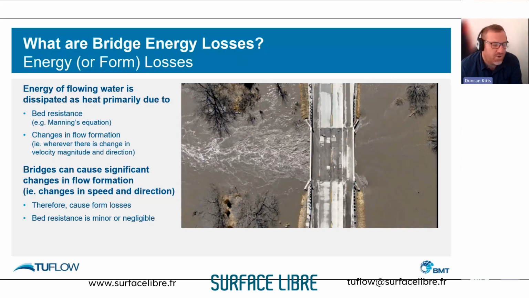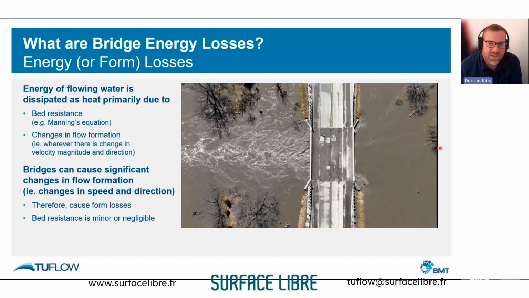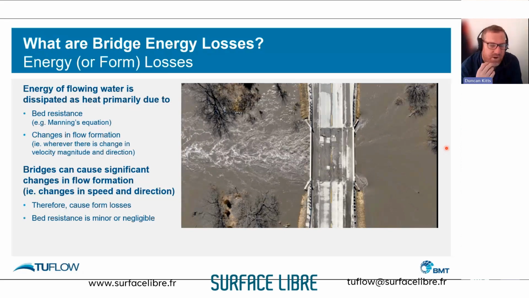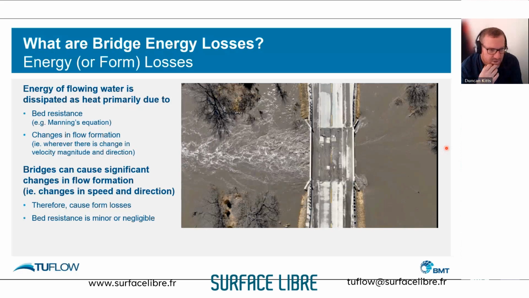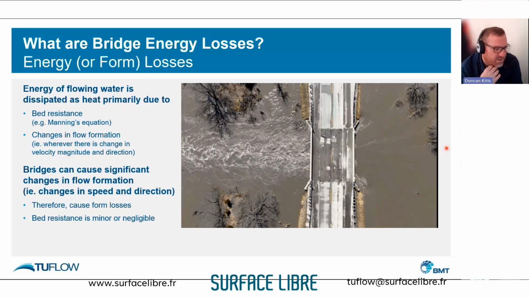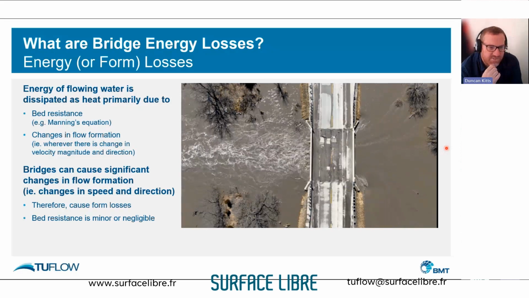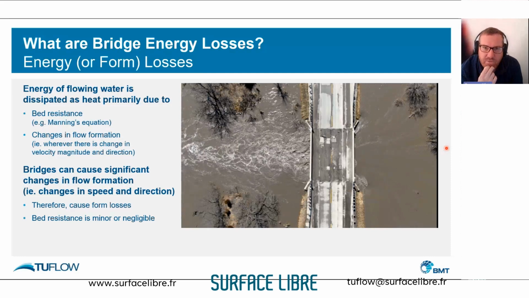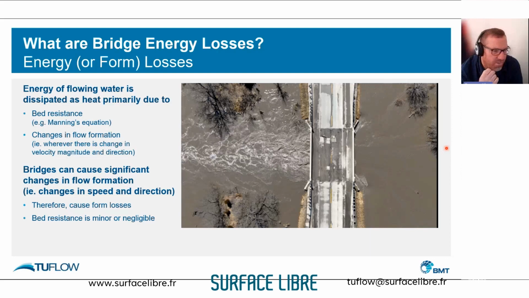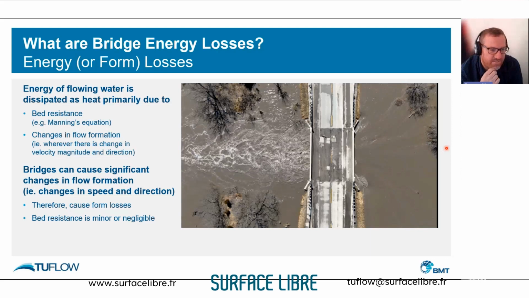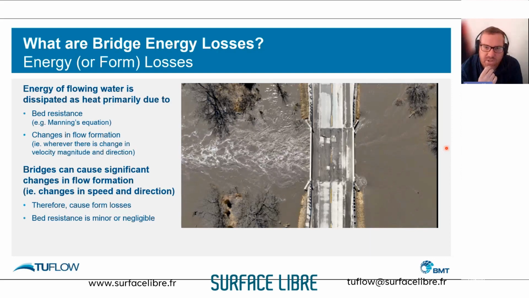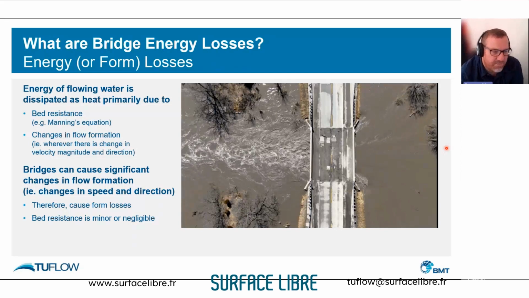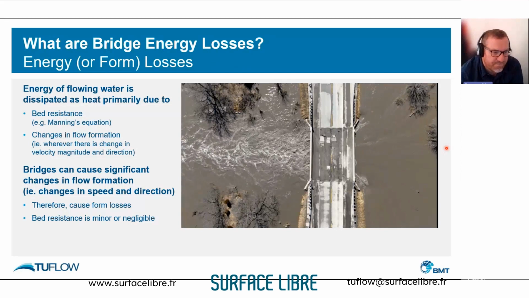And bridges can cause, as we can see by the animation here, quite significant changes in that flow formation. So we have quite a bit of contraction losses, quite a bit of expansion losses, and that causes significant form losses. All in all, the bed resistance component here is relatively minor, if not negligible. So it's the form losses that are more significant in this instance.